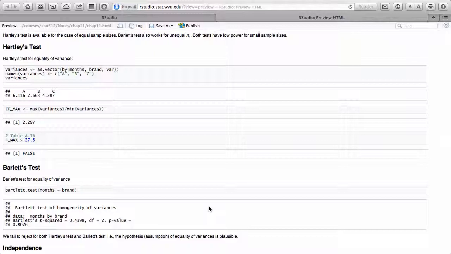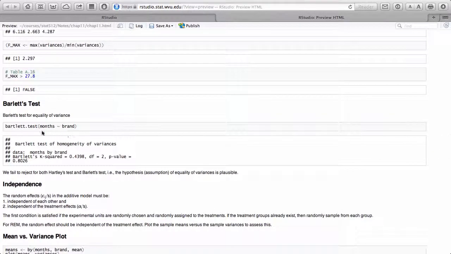If you don't have power, you have a hard time rejecting, even if you should reject. That's what we mean by not having high power. A type 2 error is when you fail to reject when you should. Power is 1 minus that, 1 minus beta, because we call beta the probability of the type 2 error. So if the type 2 error is large, then of course power is going to be small.